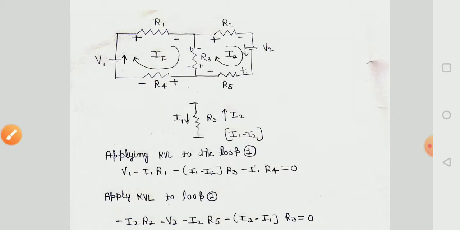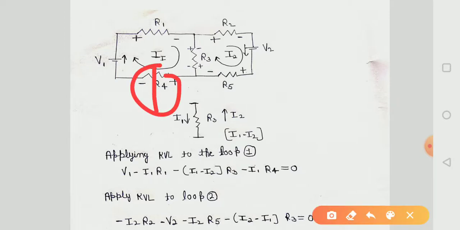By applying KVL, for the first mesh, we find the equation. Suppose we are starting from the first voltage source.